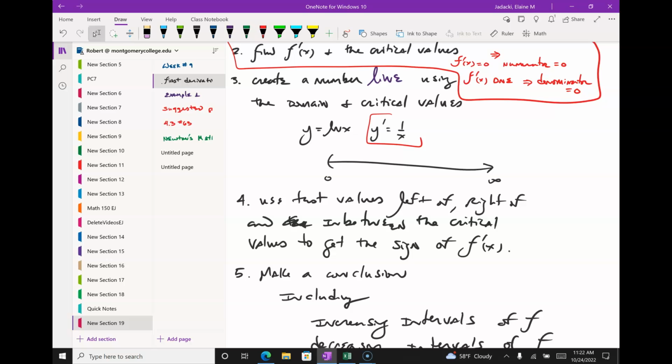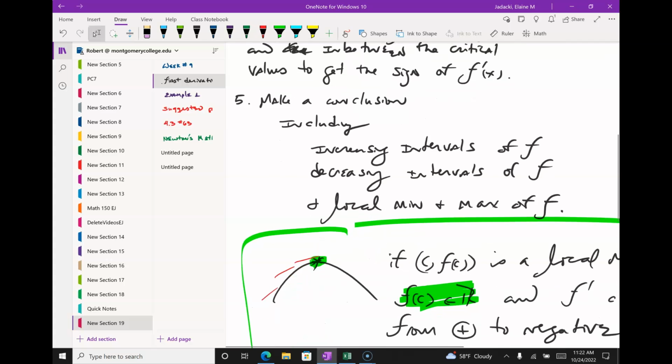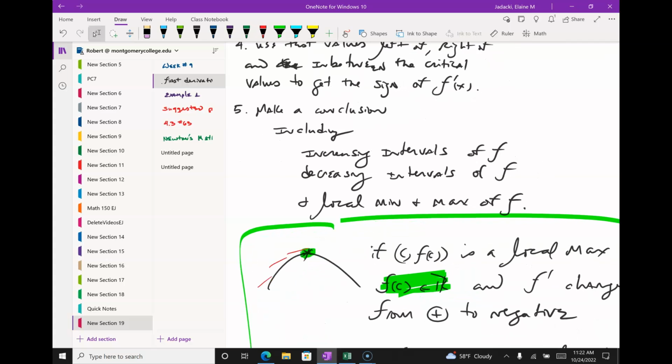Again, it will make more sense when I do a problem. And then finally, we're going to make a conclusion about increasing intervals, decreasing intervals, and local min and max.